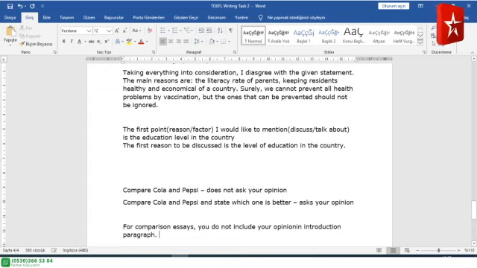You just write something comparing, and finally, if it asks your opinion, you give your opinion only in the conclusion part. If asking your opinion, you give the opinion only in the conclusion part.